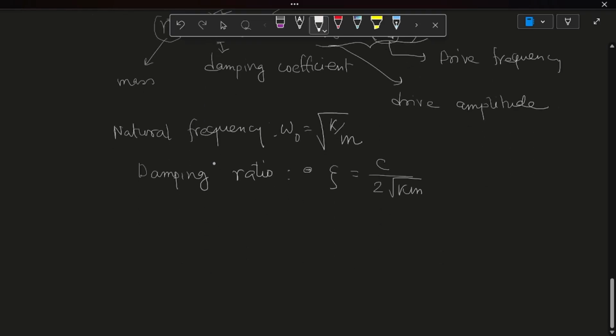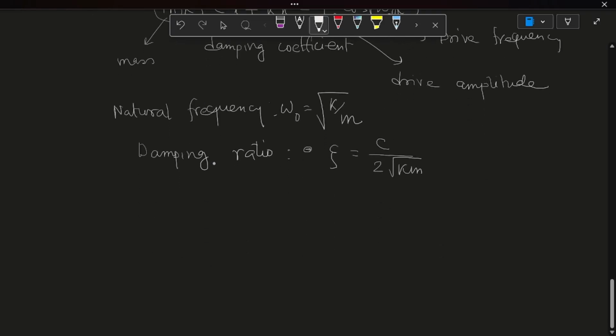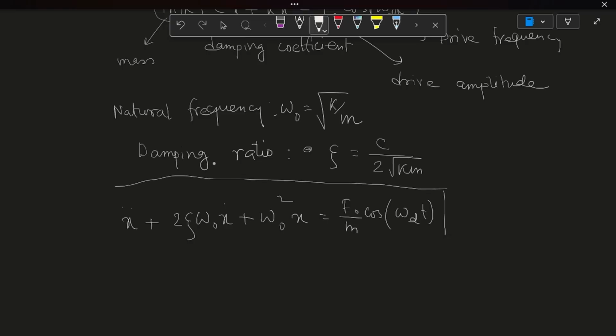If I substitute it here, then our equation will look like this: x double dot plus 2 xi omega naught x dot plus omega naught square x equals f0 by m cosine of omega d t. So this is your equation of motion for a driven damped harmonic oscillator.